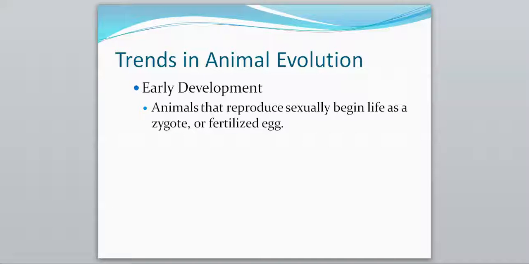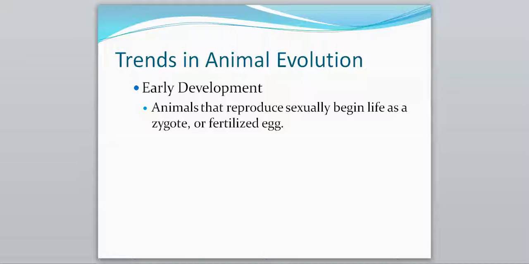The next topic is early development of animals. This is important because we can see how closely related we are to other animals by looking at how we develop. What we look like as time goes on tells us whether we are more closely or more distantly related to different animals.